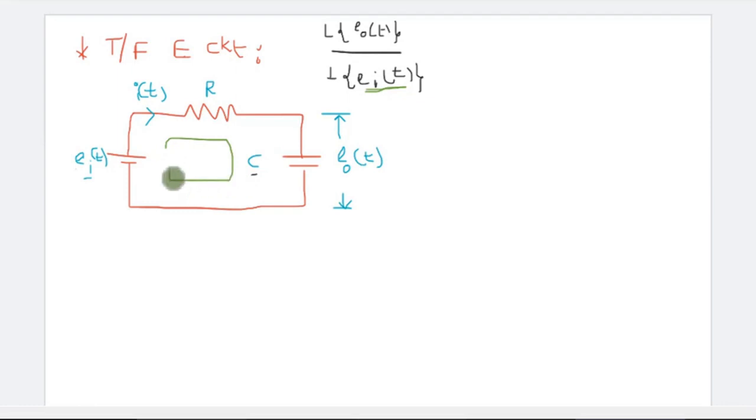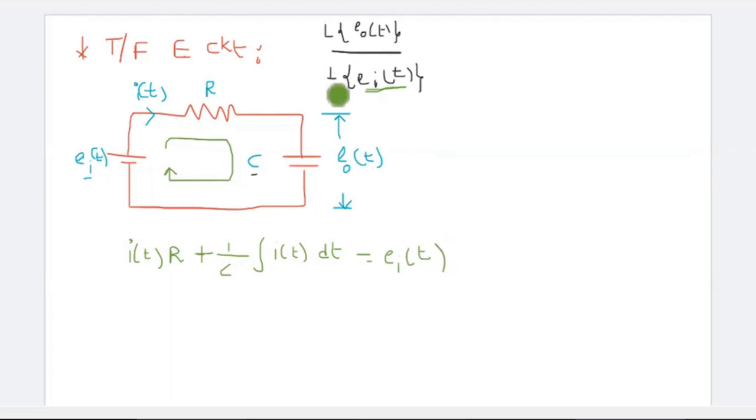The KVL equation is: Ei of t equals the drop across the resistor, I of t into R, plus the drop across the capacitor, which is the voltage across the capacitor, 1 by C integral of I dt. So R times I of t plus 1 by C integral I dt is equal to Ei of t.